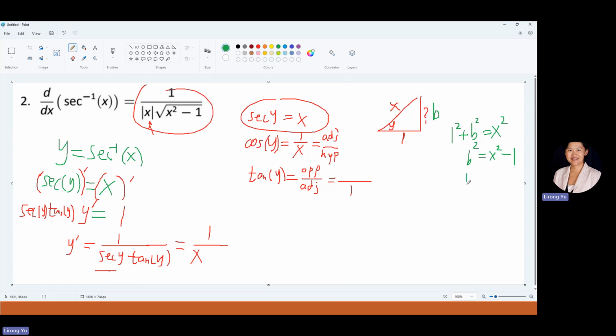Right, so b as a length is square root of x squared minus 1. So this b is the opposite side. So this is root of x squared minus 1. So this explains that the tangent of the angle equals the square root of x squared minus 1.